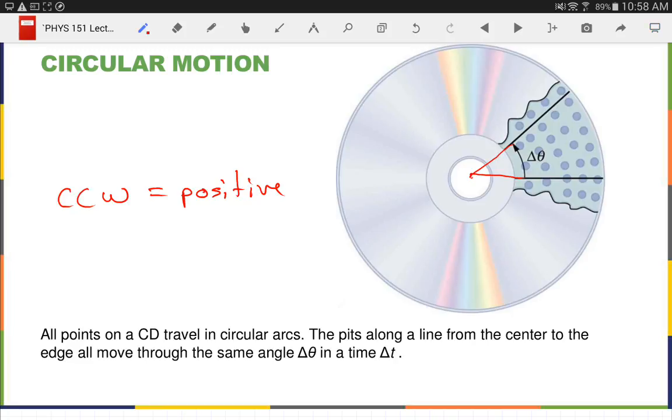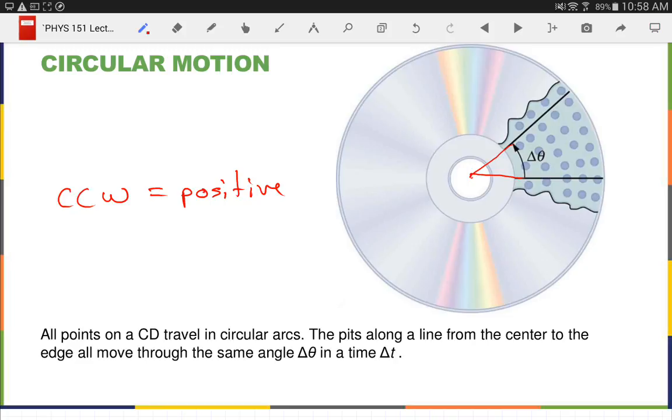That's why we call them right-hand threads. And our convention is, if you take your right hand and put your fingers the direction that the angle is going, if your thumb goes up, that's positive. If it goes down, that's negative. Or coming out of the wall is positive, going into the wall is negative. So you look at the second hand going like that.